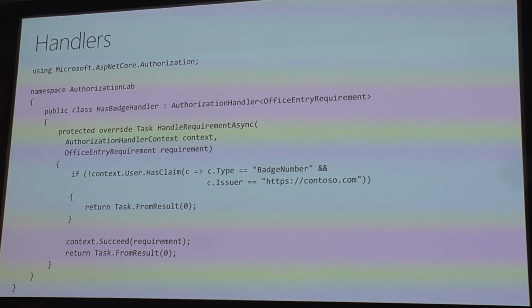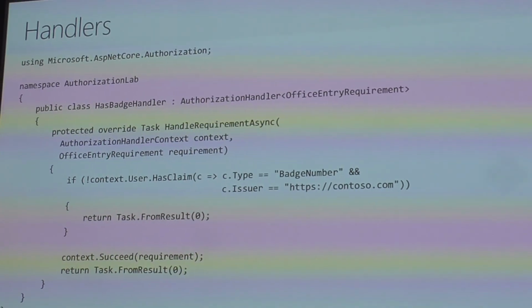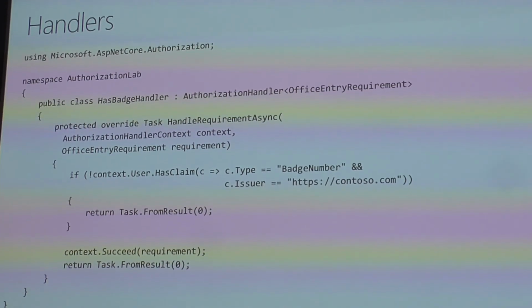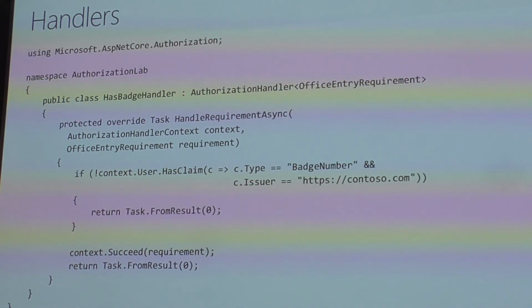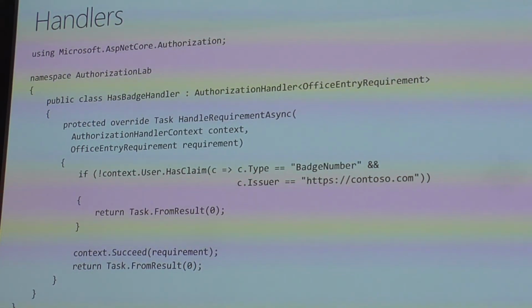And inside the handler, you must implement HandleRequirementAsync. And that will give you a context, and the type of the context will vary according to the framework you're using. If you're in MVC, you'll get an MVC-specific context. You can access things like the routes. If you're in SignalR, you get a SignalR-related context. You can access things like the hubs, or whatever they call their magical orchestrators.